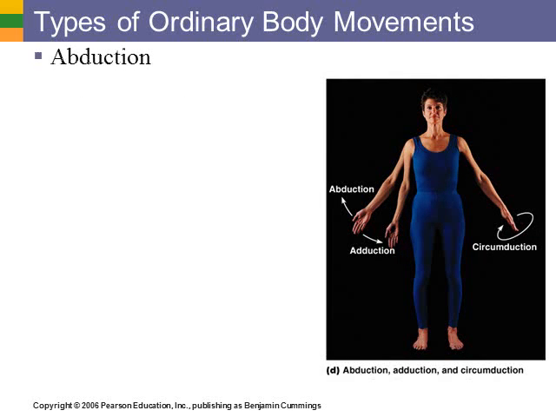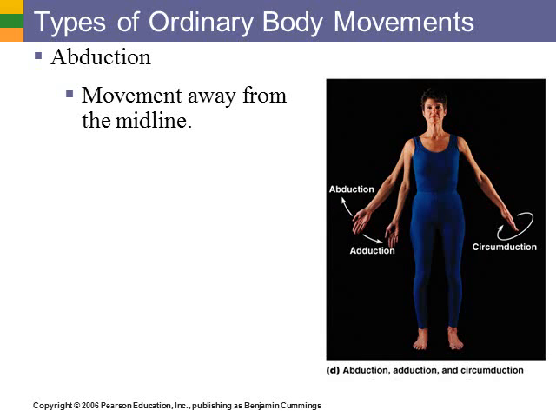Now, on this slide, we're going to be looking at three kinds of movement: abduction, adduction, and circumduction. If you look at my picture over here, abduction is where you move your hand away from the midline. This would be like doing a jumping jack when you raise your hands to the side above your head.